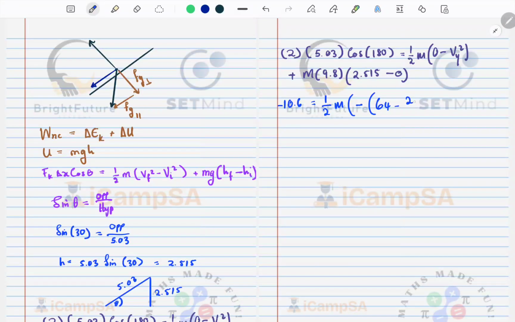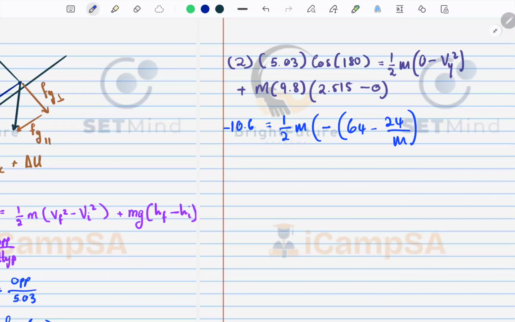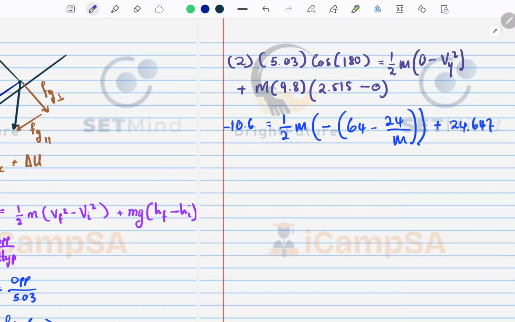Okay, this is what we have, and then we can add the rest. So this is going to be 2 times 2.5 times 9.8. We have 24.647 m. This is what we have.